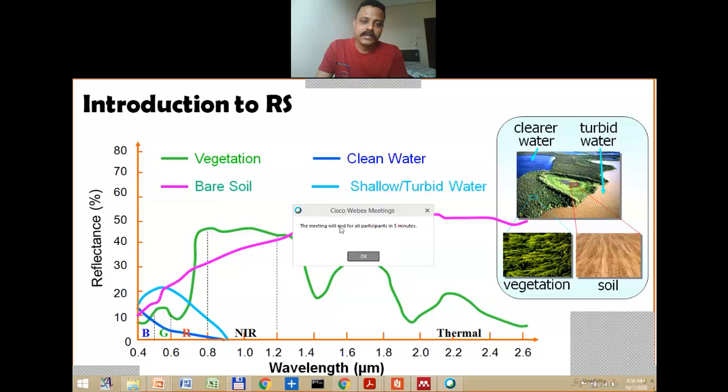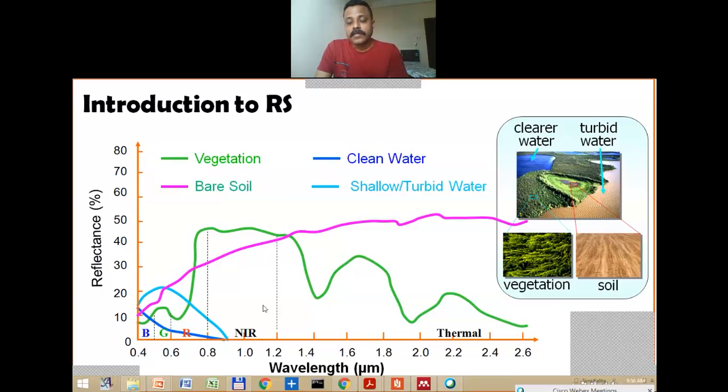On the red, you achieve a maximum, and beyond this region it keeps on increasing. But unfortunately, we cannot see beyond 0.7 micrometers. So this part of the graph we do not see with our naked eye. But remote sensing satellite sensors, if built to capture this information, can tell you this unfinished part of the story.